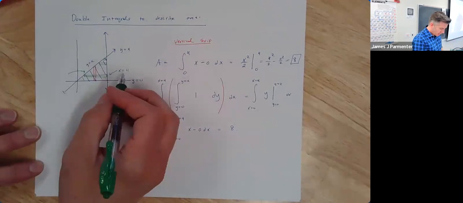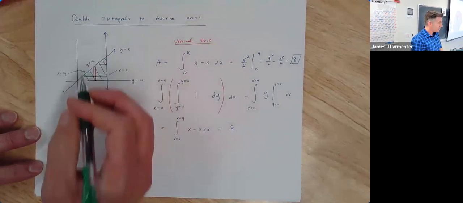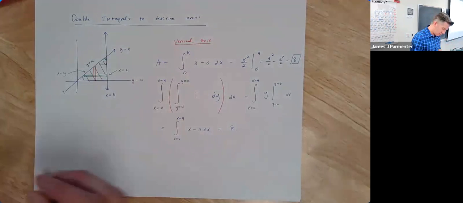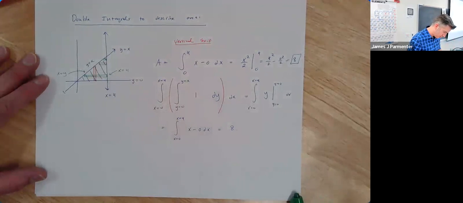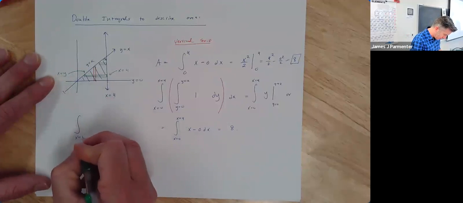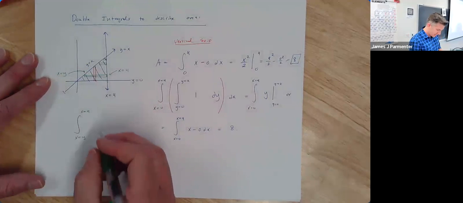So here, even though I'm thinking this is the line y equals x, I'm going to write that it's the line x equals y. So I want my inner limits of integration to be x equals something to x equals something. So my inner integral here is going to be a left-hand limit of x equals y to a right-hand limit of x equals 4. And that's going to be a dx.